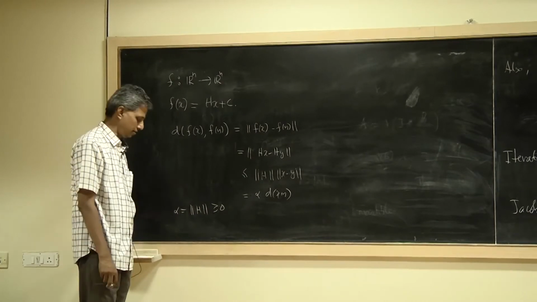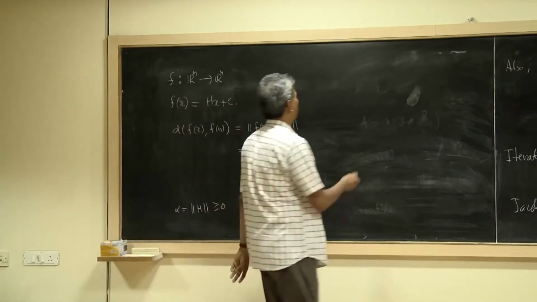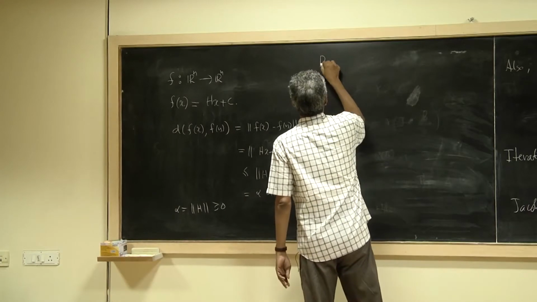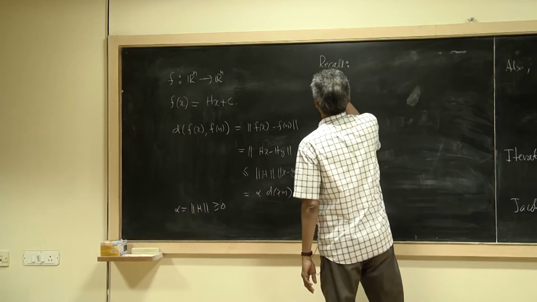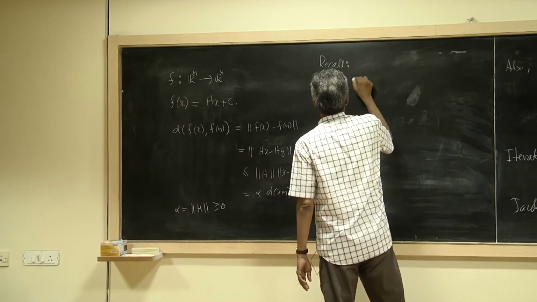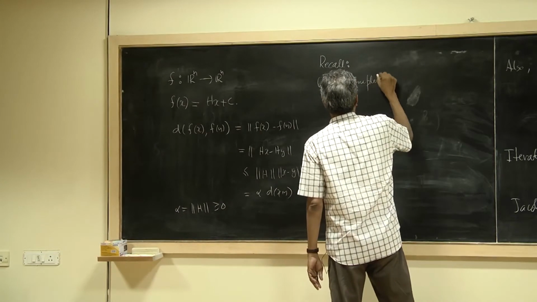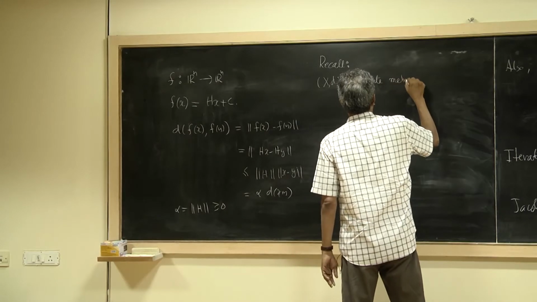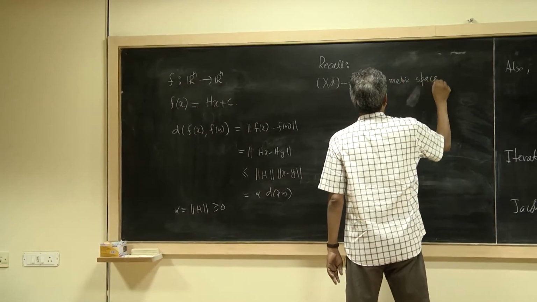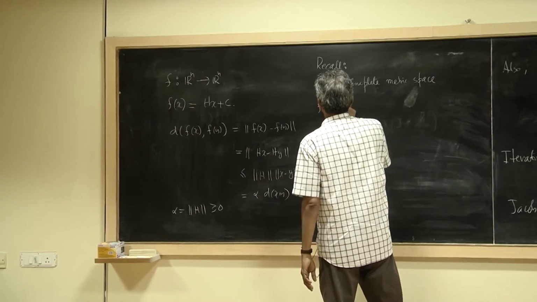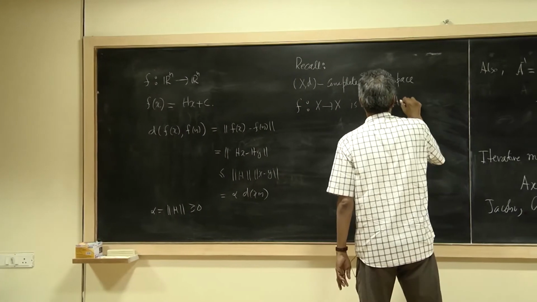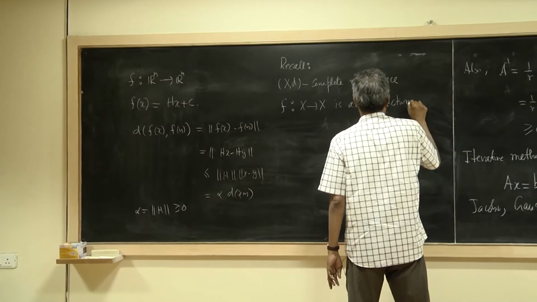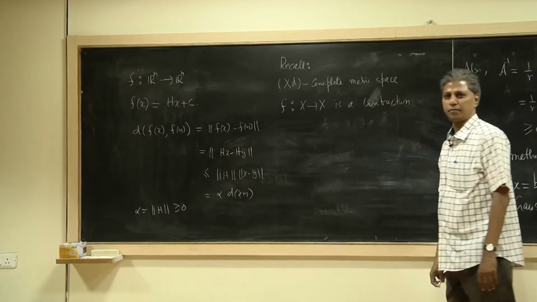So what does that tell us? Quickly recall Banach's contraction mapping. It says that (X, d) is a complete metric space. You are also given a contraction: F from X to X is a contraction. Now, what is the meaning of a contraction?